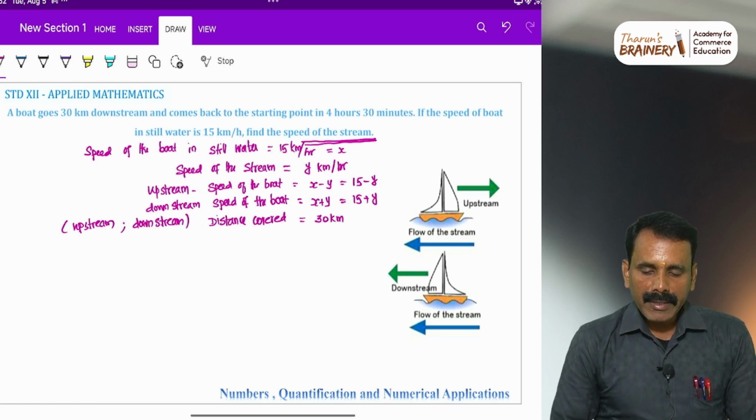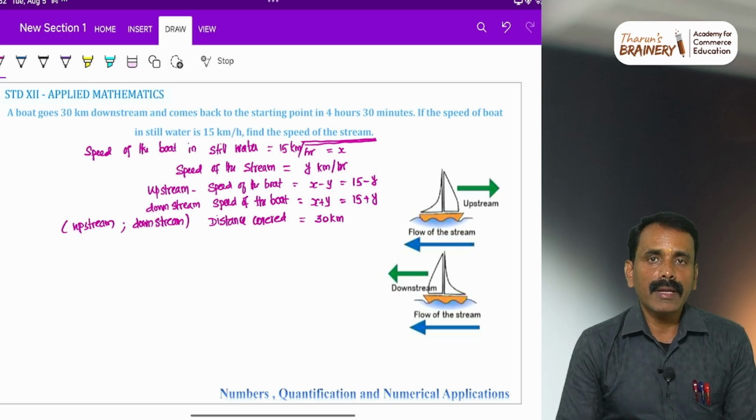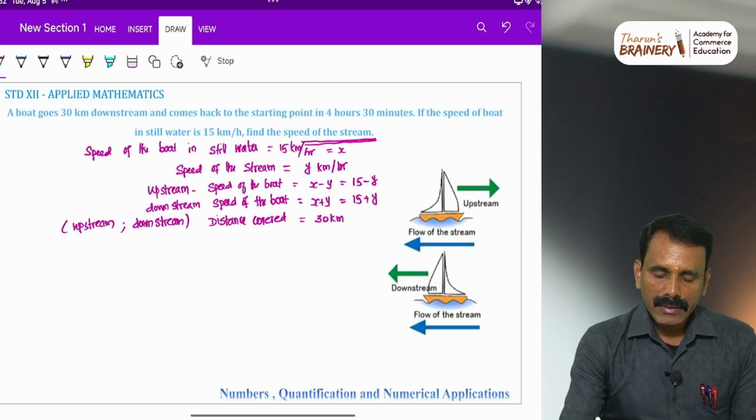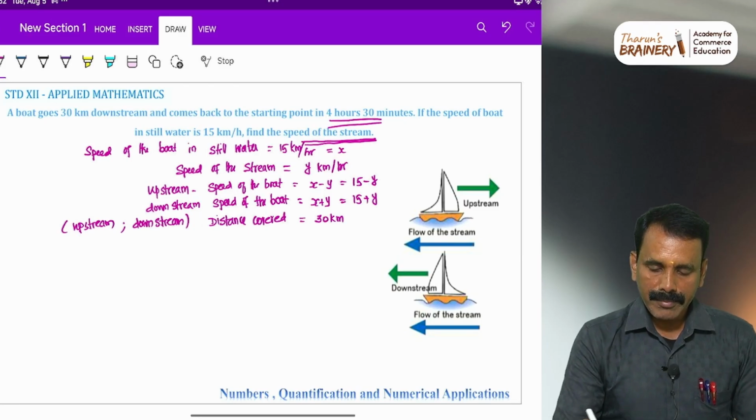Now the total time taken for upward and downward is going to be 4 hours 30 minutes. So we make use of this.